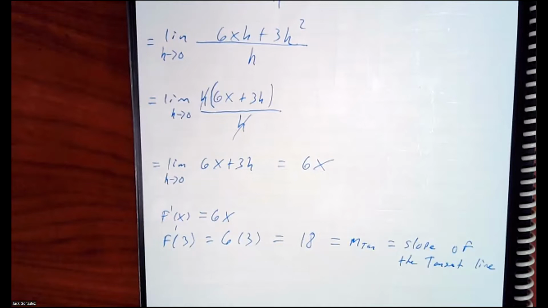So if f was modeling some sort of growth, and you want to know what's happening at, let's say it's in days or seconds or hours. So I want to know what's happening in 3 hours. You plug in 3 and you have the rate of growth at that time. Rate of acceleration, rate of velocity, whatever.